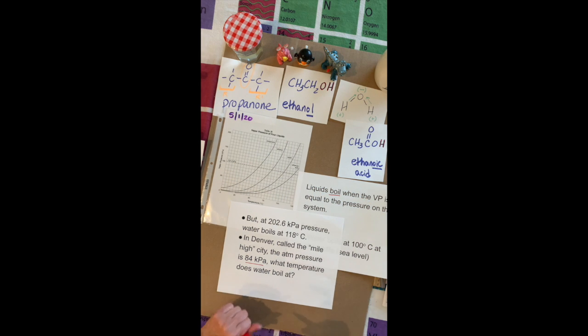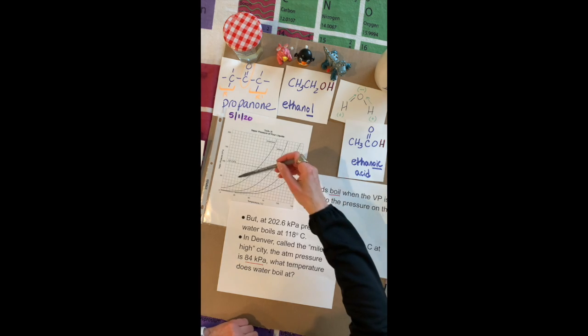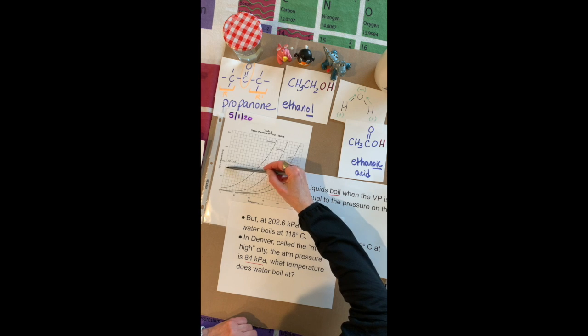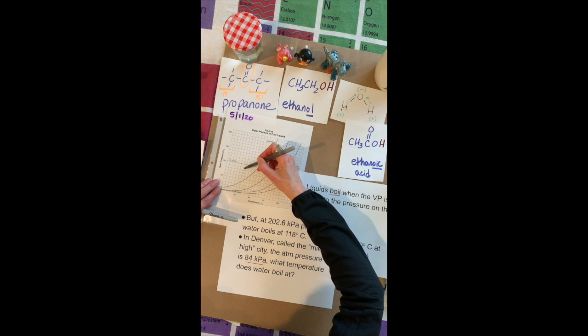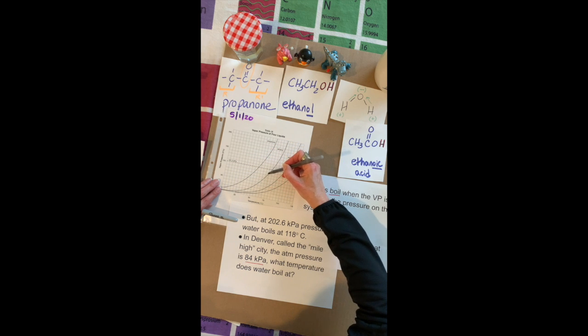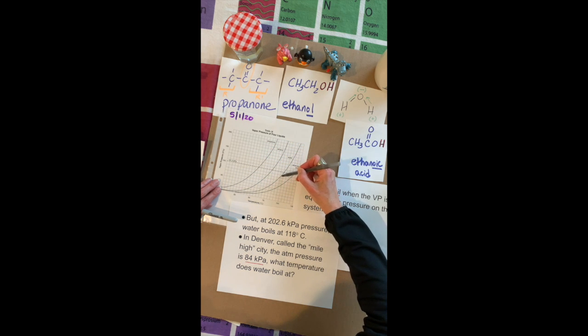So at what temperature will water boil when there's only 84 kilopascals? We could read across our table. 60, 70, about 84 is approximately here. We're going to keep traveling across till we get to our water line.